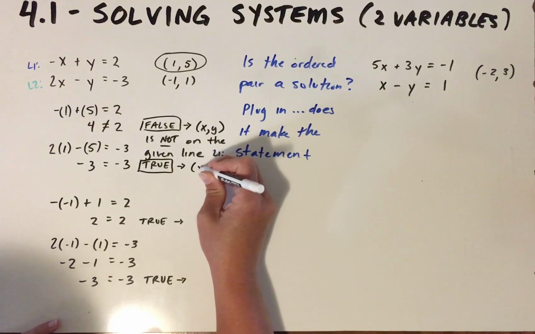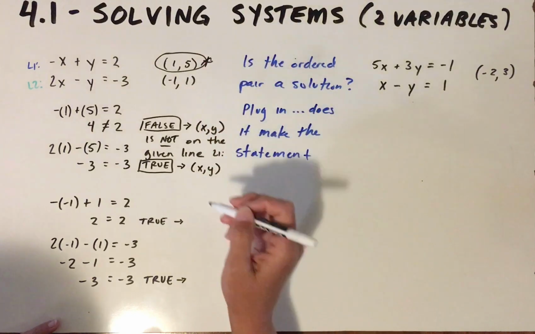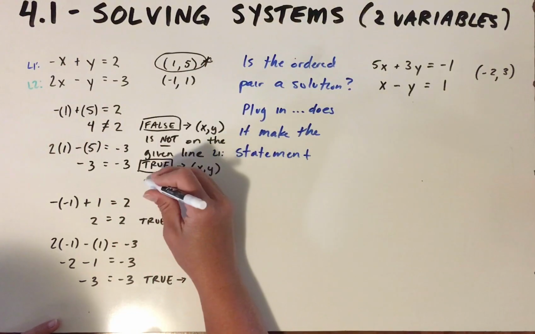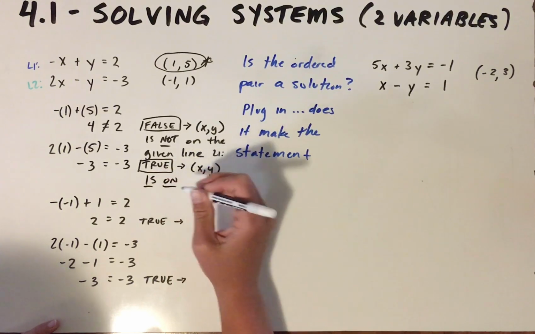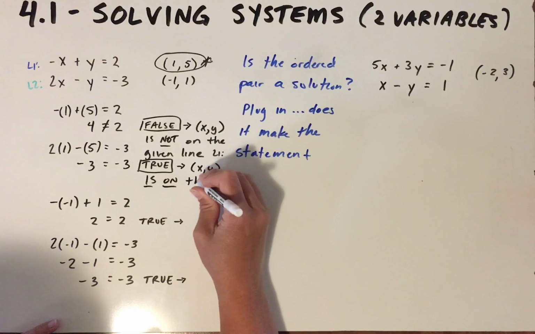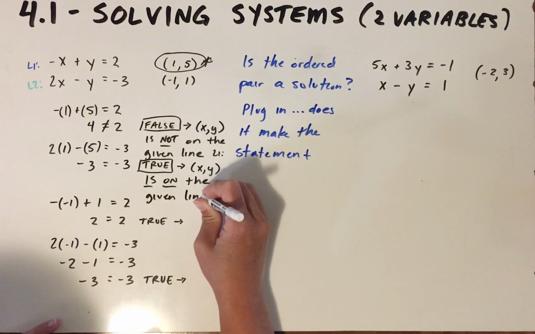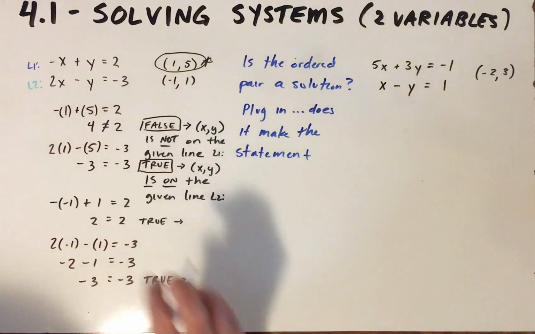This means that the point x, y, whatever one we're testing, which in this case again is this one, lies on the second line. So it is on the given line, line 2.